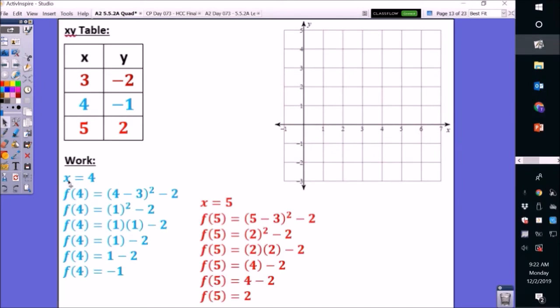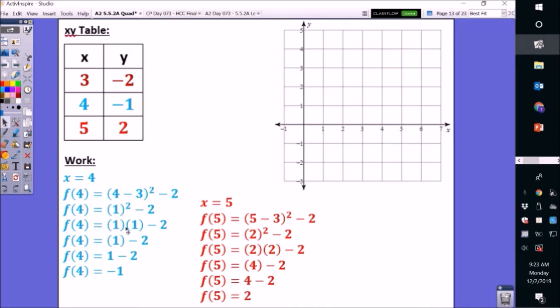So the first x value that we're going to plug in is 4. So I simply plug 4 into x. So that's why you're going to have 4 minus 3 inside the parenthesis, and everything else stays the same. So this minus 2 is going to be with us throughout the work. Following the order of operations, I'm going to simplify 4 minus 3, which is 1. And I still have the minus 2 in the back, and I still have the square. Now, 1 squared, I'm going to expand into 1 times 1.